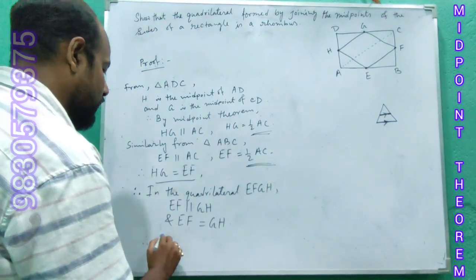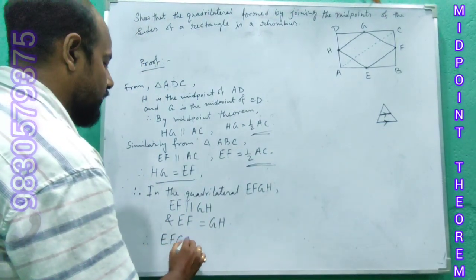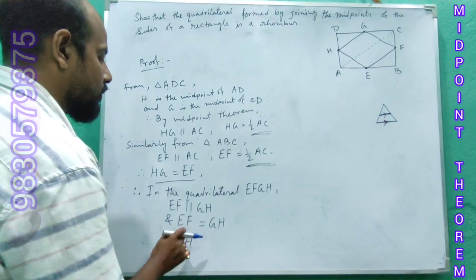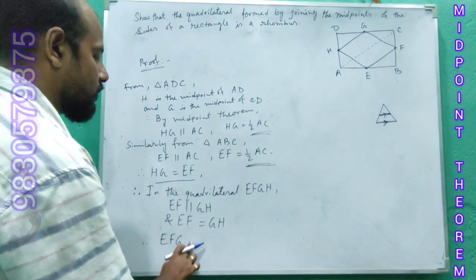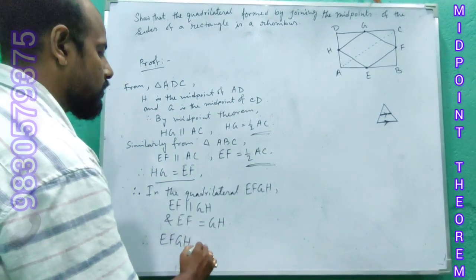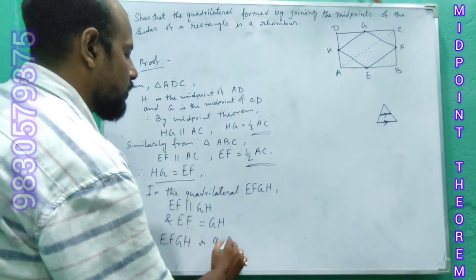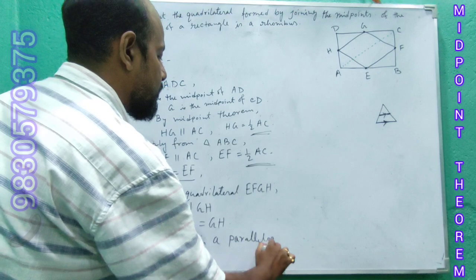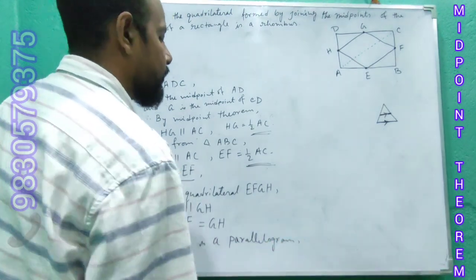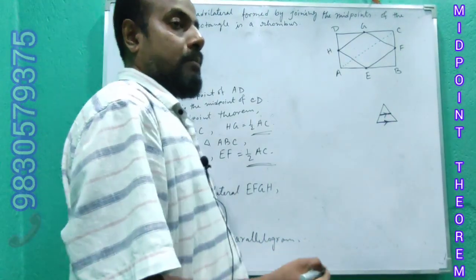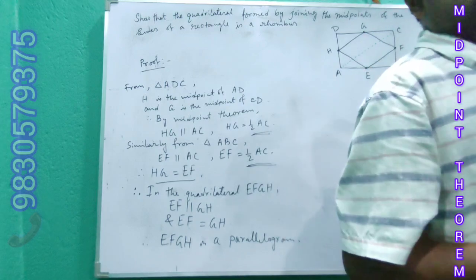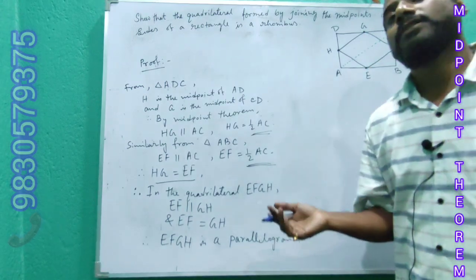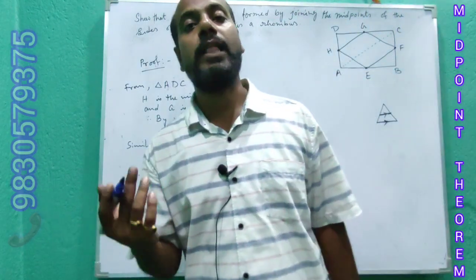Therefore, EFGH is a parallelogram. What is a parallelogram? A parallelogram is a quadrilateral in which the opposite sides are equal and parallel.